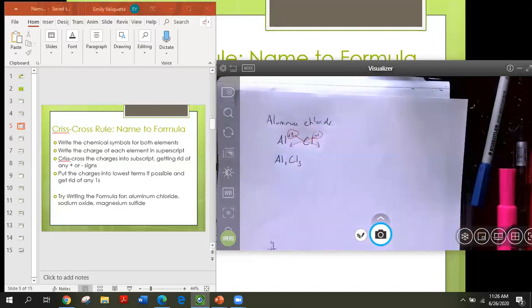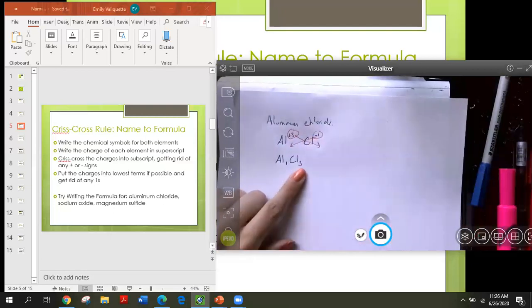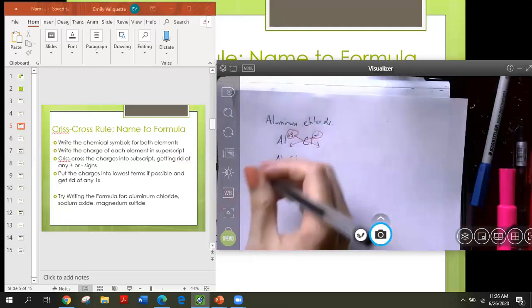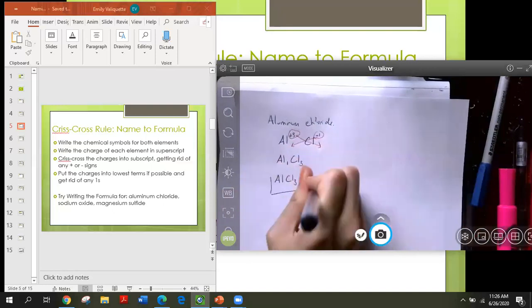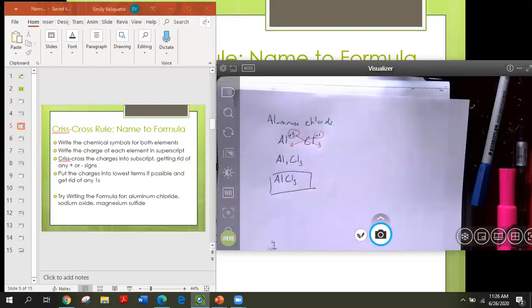When we cross them over like this, we don't write the plus or minus signs. And then we just make sure that our numbers here are in lowest terms. So just think of like a fraction needs to be in lowest terms. 1 and 3 are already in lowest terms, and then we just don't bother writing in the 1. So AlCl3 would be our final answer.